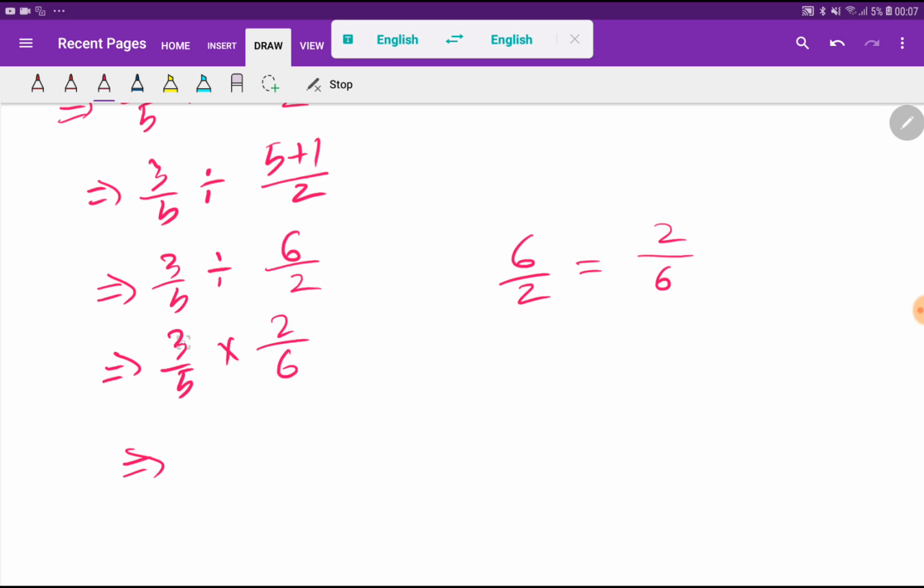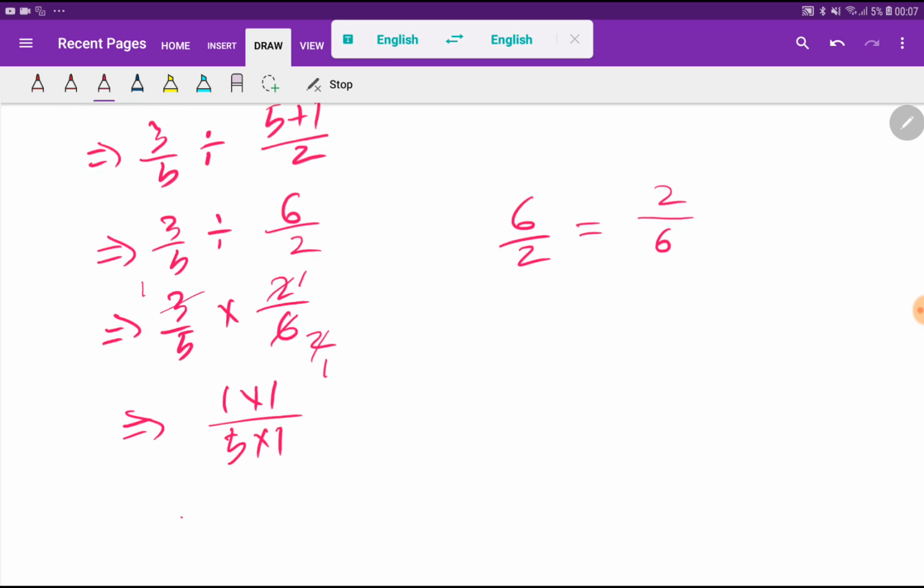If I divide this 3 by 3, then I am getting 1, and if I divide this 6 by 3, then I am getting 2, right? If I divide this 2 by 2, then I am getting 1. So we are getting 1 times 1. Here we are getting 5 times 1. So basically we are getting 1 divided by 5. So this is the answer.